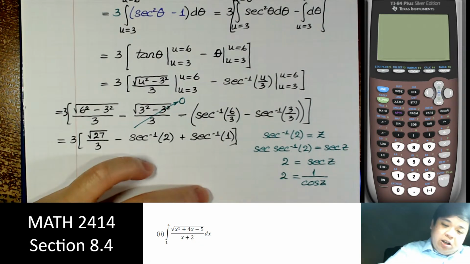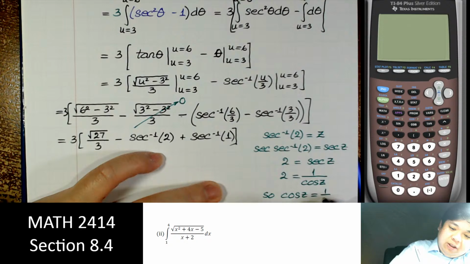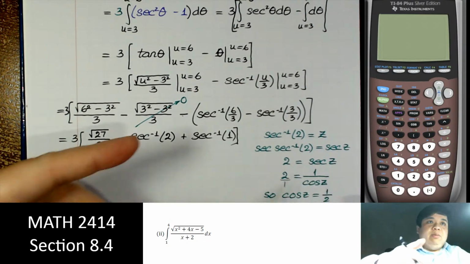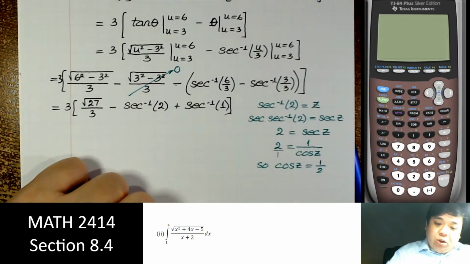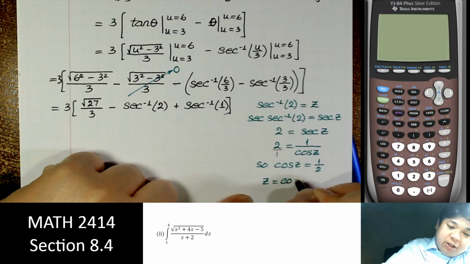Flip both sides. So cosine of z equals 1/2. So z will be equal to cosine inverse of 1/2.